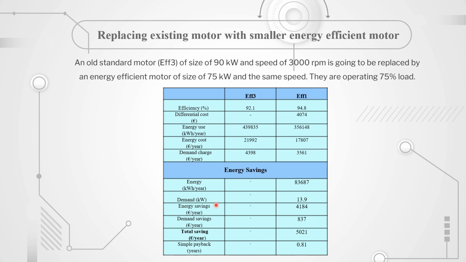So we can see the energy saving is about 80,000 and demand is about 13.9. Energy cost saving is about 4,000 and demand savings is about 800, and the total saving that we could get from EFF1 is about 5,000 compared to EFF3. There is no saving in terms of energy cost and so on with EFF3.